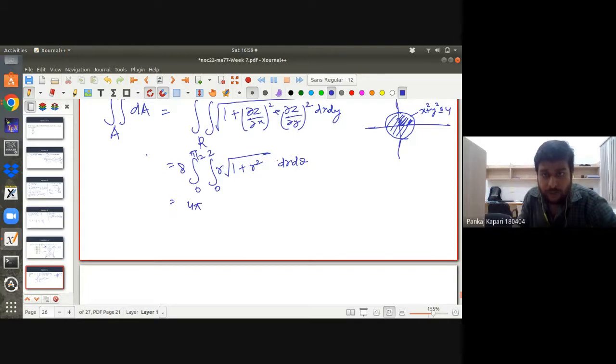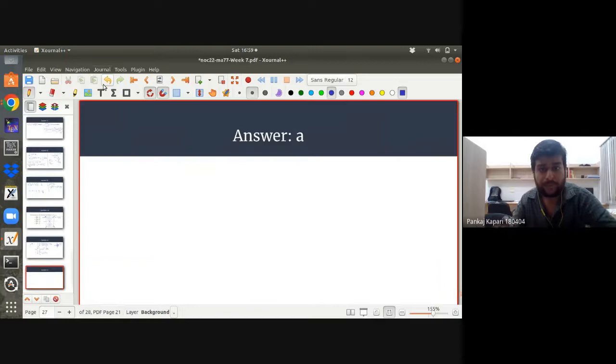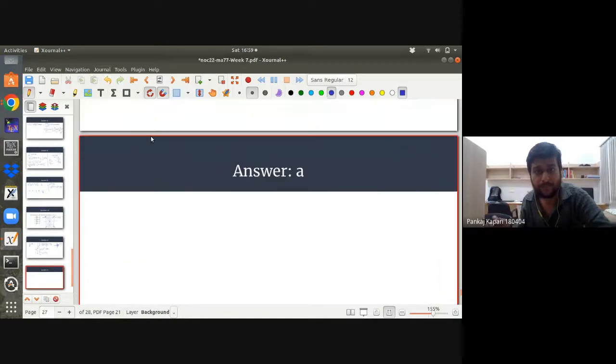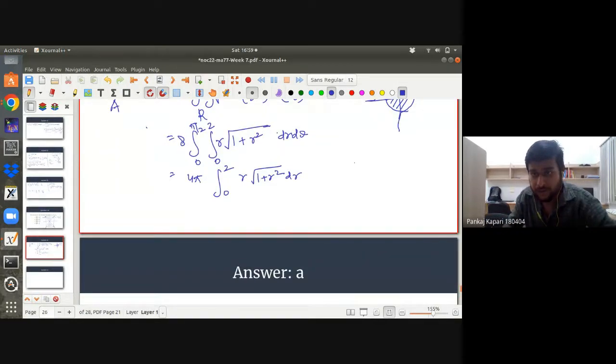Because the limits are constant, this is a product of two integrals. Integrating with respect to theta will give you pi by 2. So this will become 4 pi times the integral from 0 to 2 of r times root of 1 plus r square dr. Let's put 1 plus r square as t.